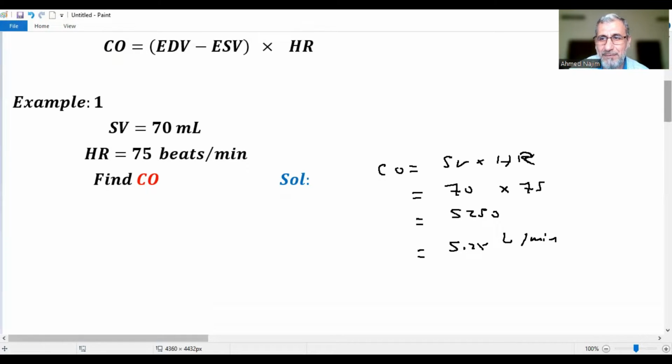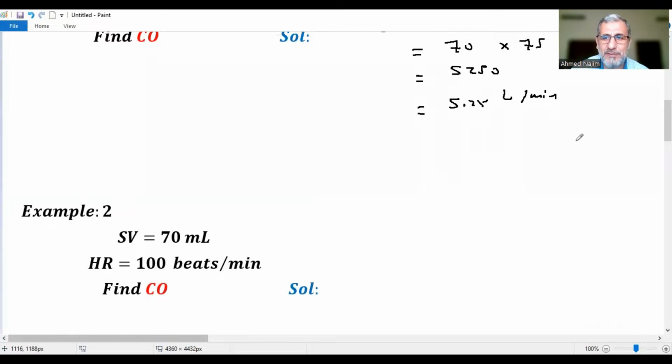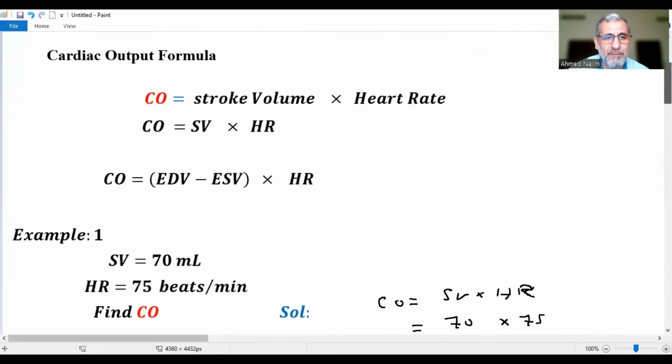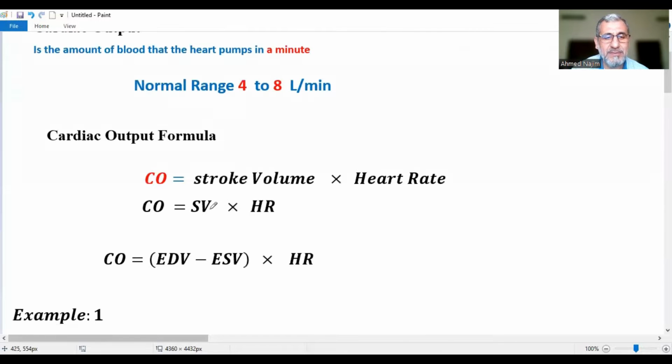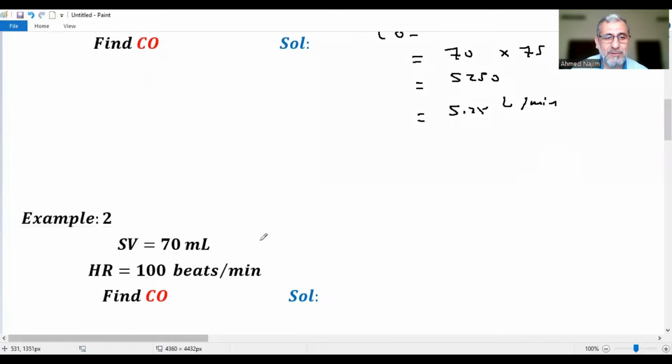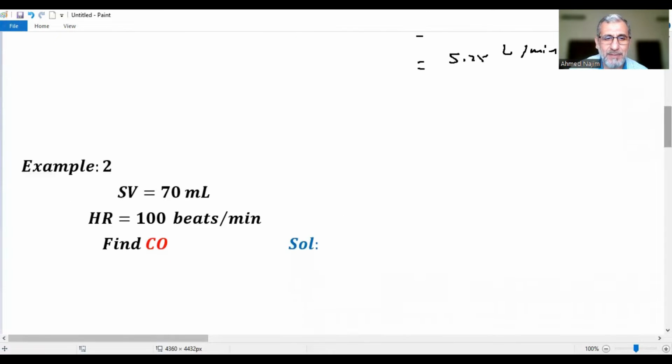Example 2. In case the stroke volume is 70 and the heart rate is increased. In our formula, cardiac output equals stroke volume times heart rate, so if heart rate increases, cardiac output will increase. In example 2, stroke volume is 70 and heart rate is now 100 beats per minute. What about the cardiac output?